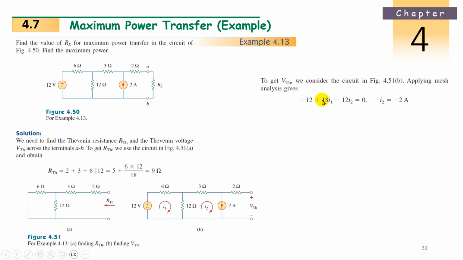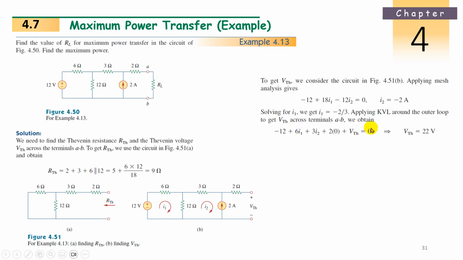Now we'll check. So minus 12 because current is leaving, plus 6 and 12, 18 I1, minus 12 I2 because I2 also has current. From the second loop, I2 is minus 2. Now substitute, you will get I1. I1 is minus 2 by 3 from these 2 equations.